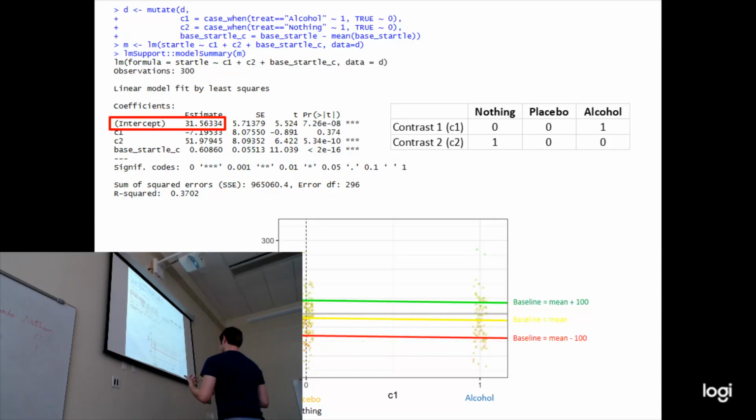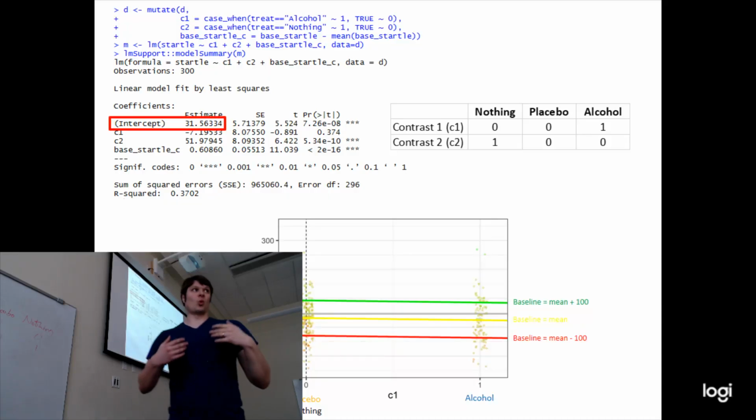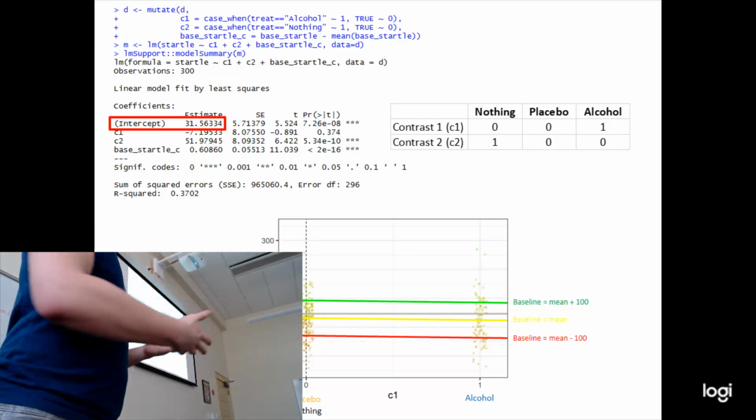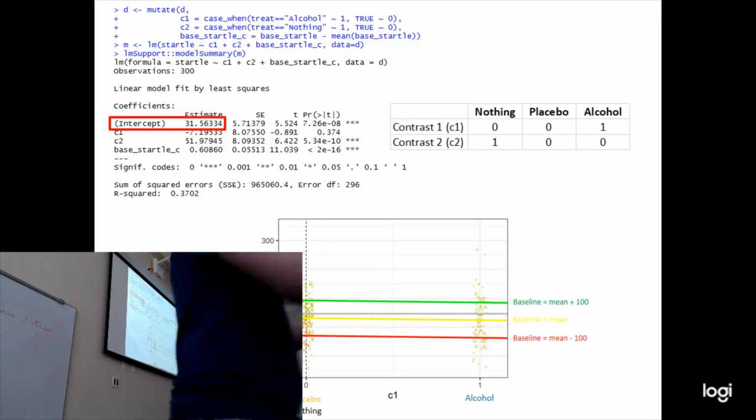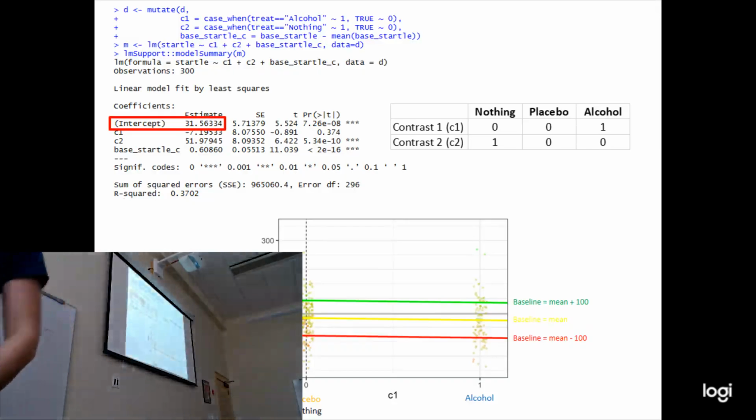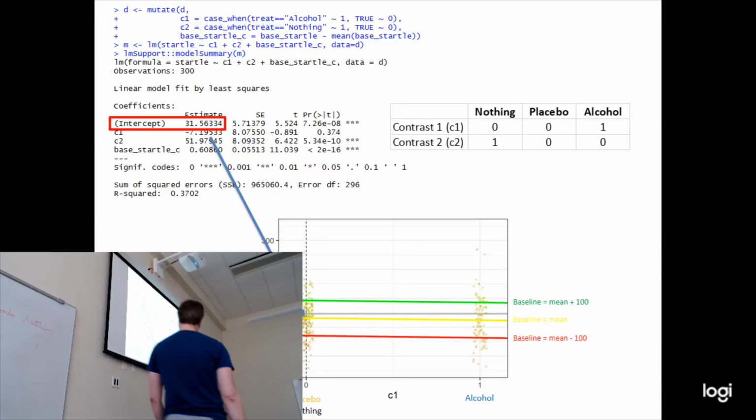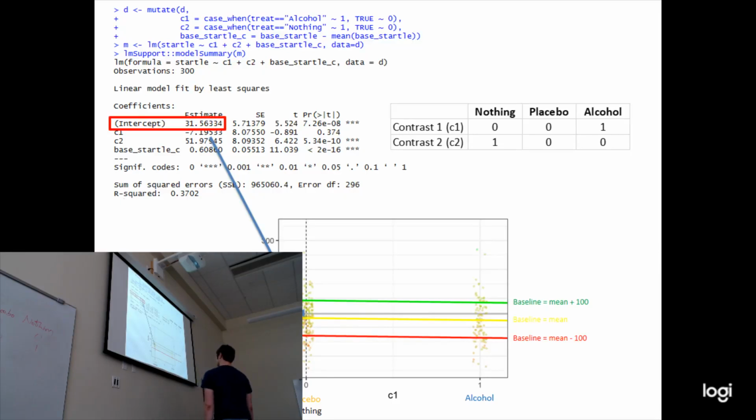The implication of this is that whereas whenever we were looking at planned orthogonal contrasts, we found that the intercept was like the grand average, the grand mean, in this case, the intercept is the average value in the reference group, the thing that's coded 0.